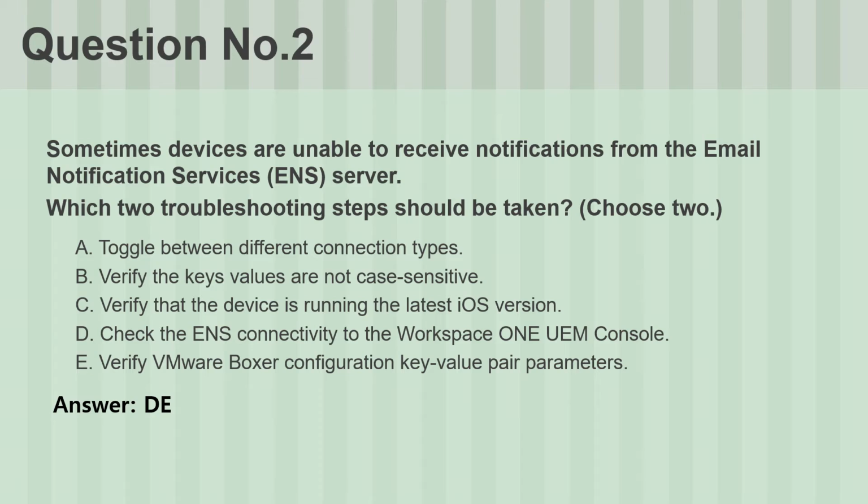B. Verify the keys values are not case-sensitive. C. Verify that the device is running the latest iOS version. D. Check the ENS connectivity to the Workspace 1 UEM console. E. Verify VMware Boxer configuration key value pair parameters. Answer D.